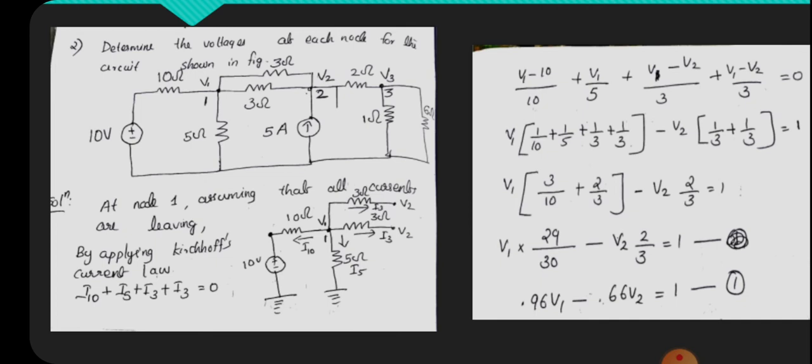When asked in a university question, you can use either. I think for most circuits it is better to use nodal analysis to get the solution in an easy manner. That's your choice.